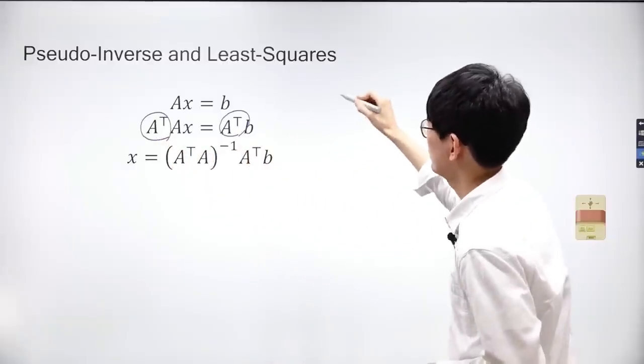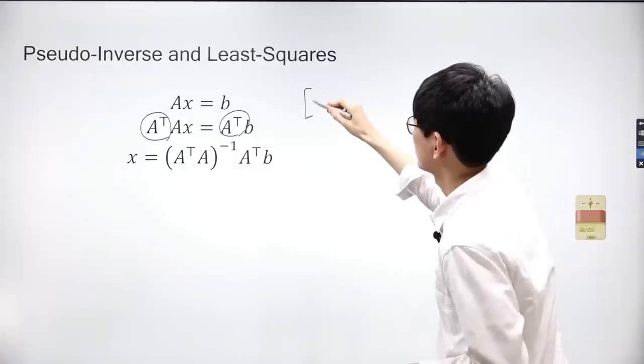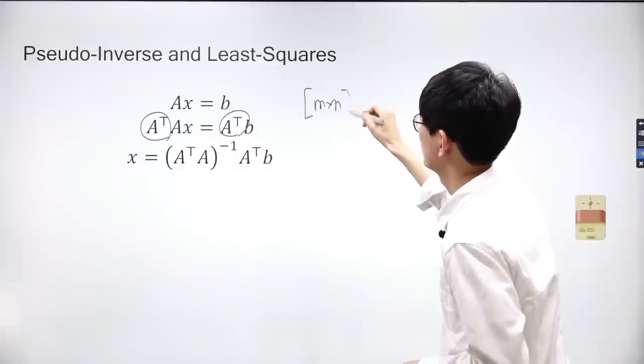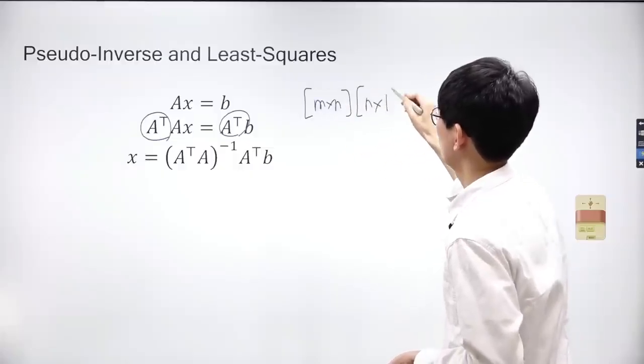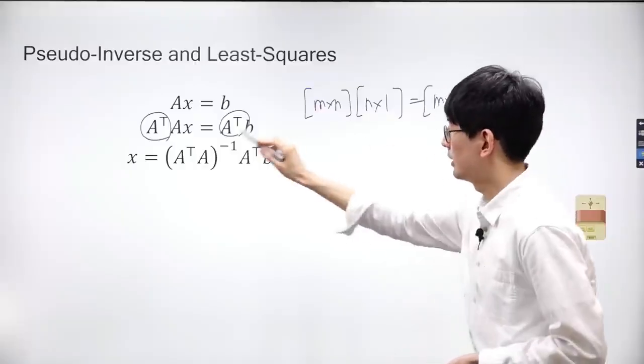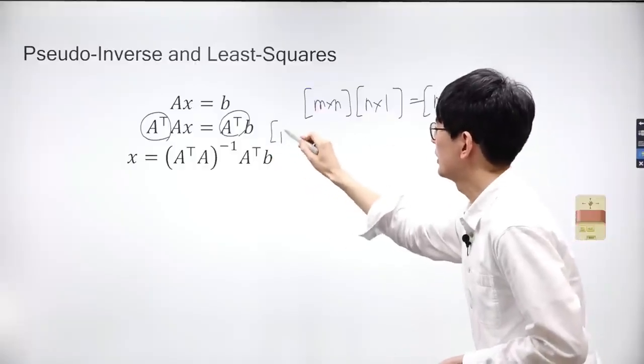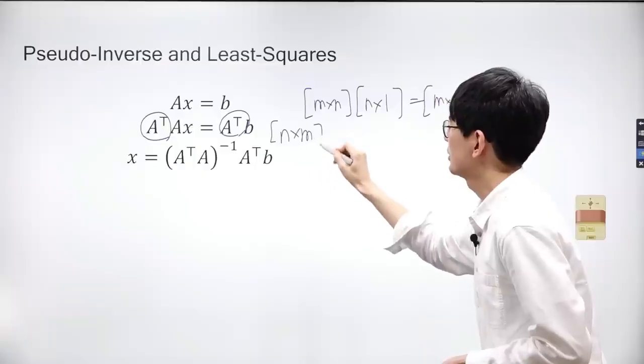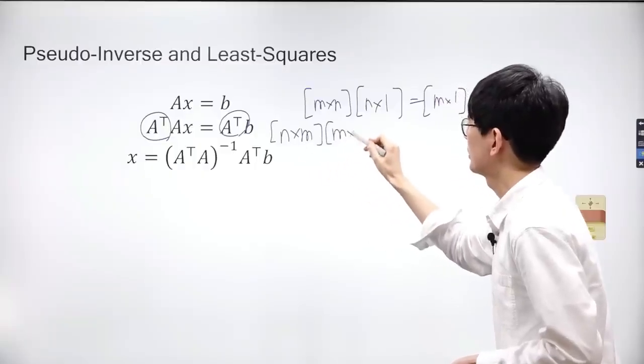Instead of multiplying the inverse of A on both sides, we multiply the transpose of matrix A. Initially, A is an m by n matrix, x is a vector in Rn, and b is a vector in Rm. The dimension of the transpose of matrix A is n by m.